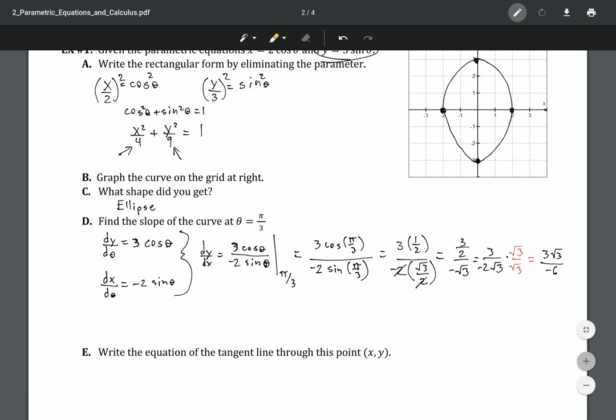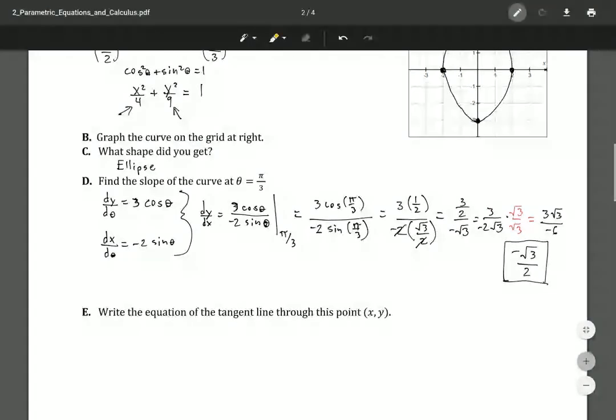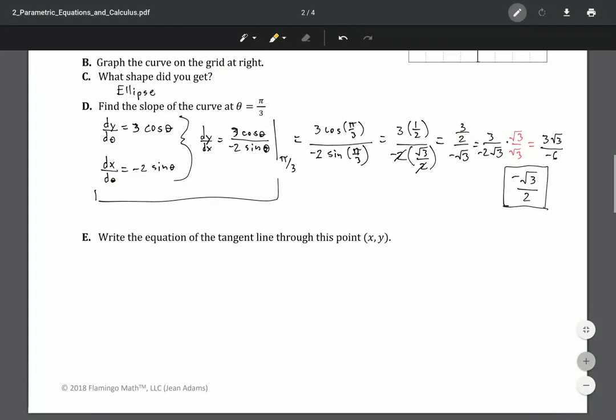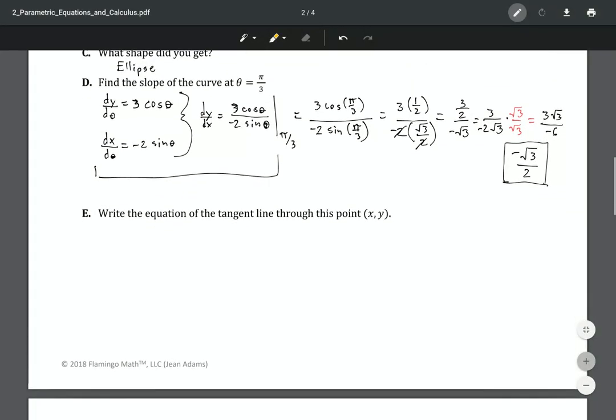So that's going to give me negative square root of 3 over 2. Right, so that is it for that. So basically the new stuff happened between here and here. After that, it became just algebra. All right, so now we're going to write the equation of the tangent line through this point.